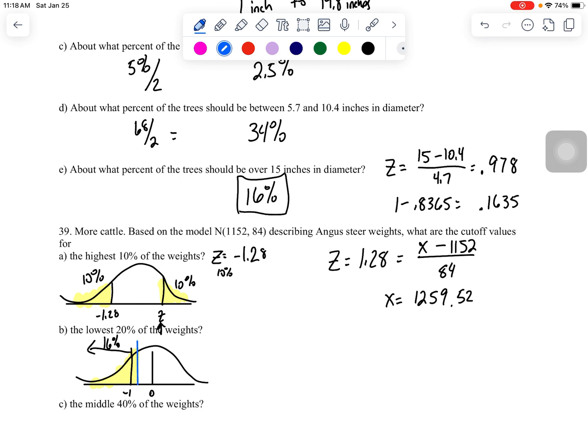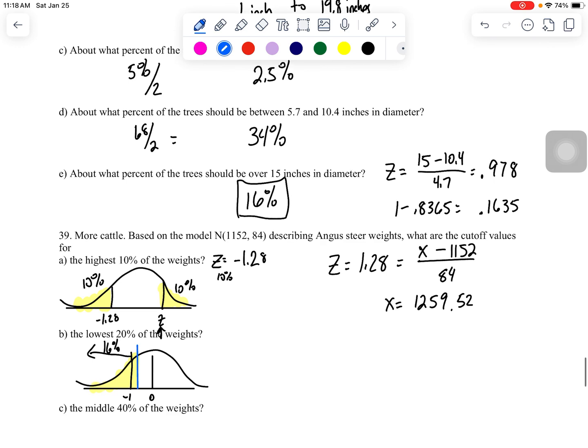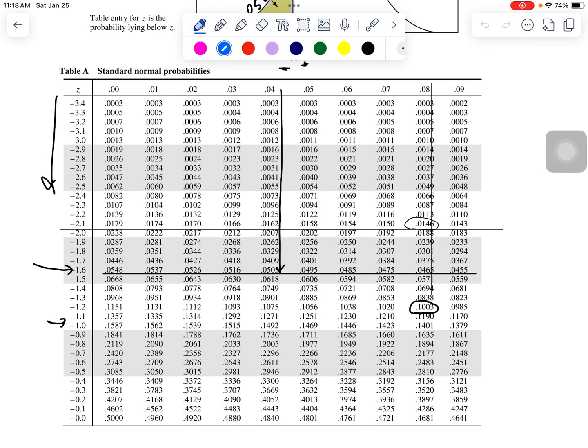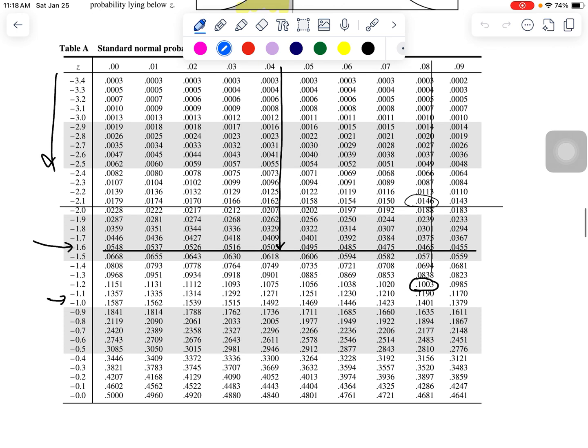Okay, so out to my table, I need the lowest 20%. So again, I'm trying to find a number that is closest to 0.2. Here is that guy right there, 0.2005. As I go to the left, that's a negative 0.8. As I go up, that's a 4.